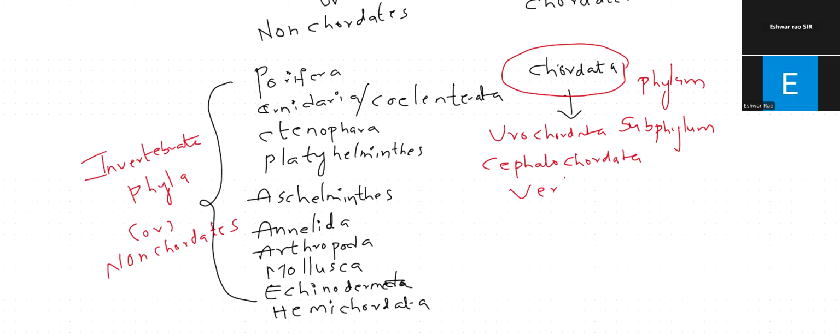So these are considered as subphyla. And next, these Vertebrata has various kinds of divisions.